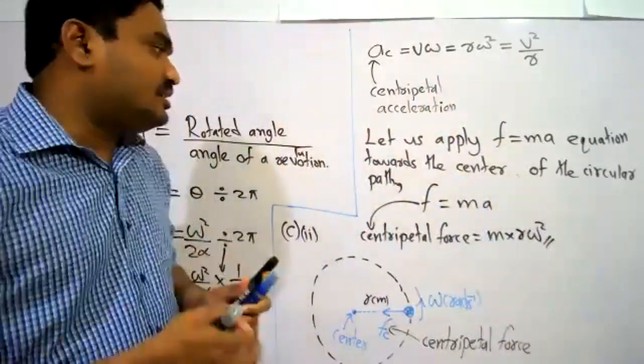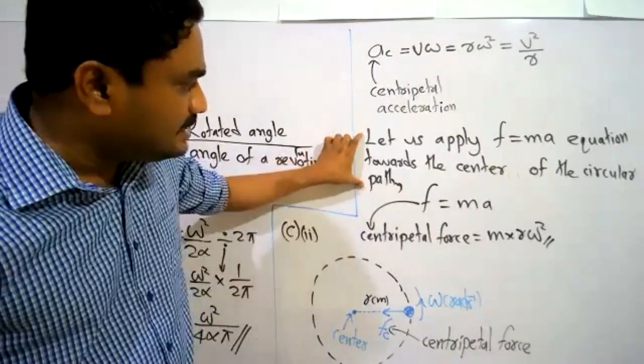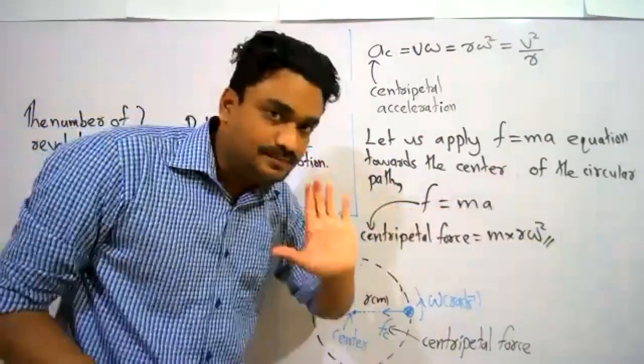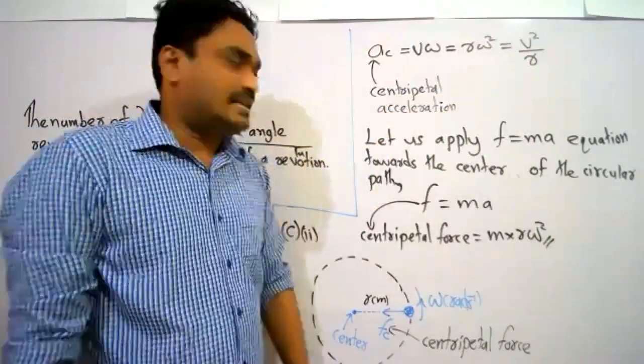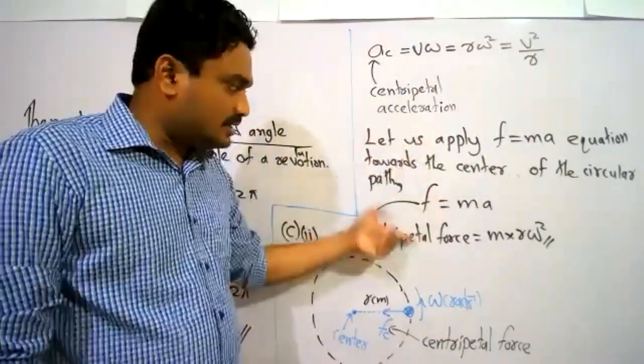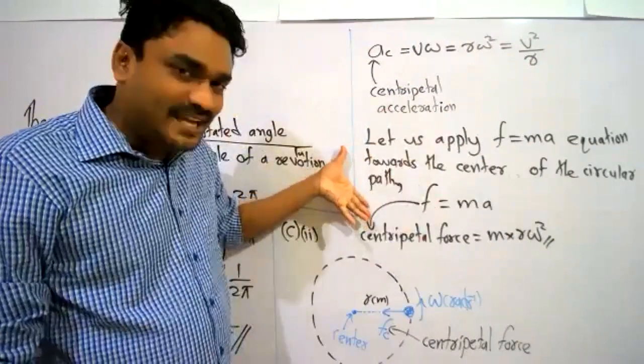So in the examination, you should write only this sentence and this equation. That's all. This figure and these equations are just supporting details for you to understand. You should write only these sections. Okay?